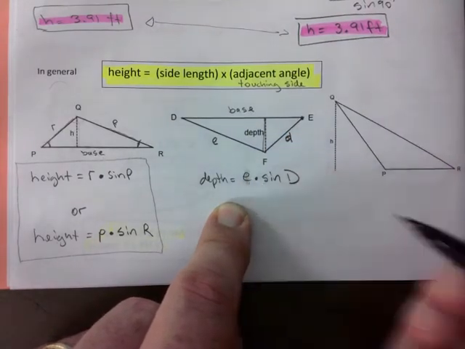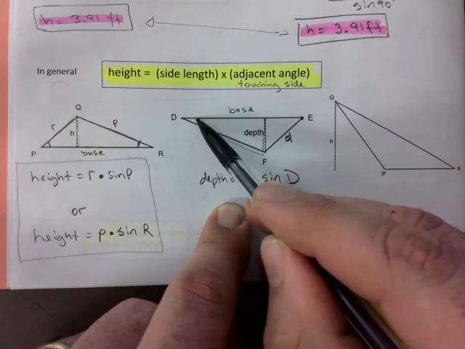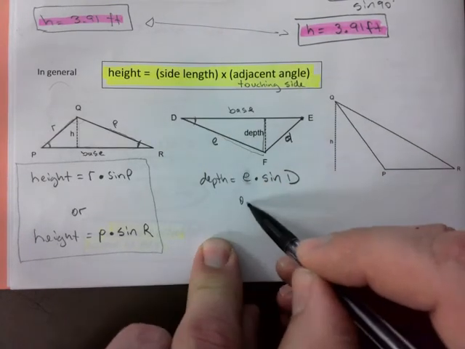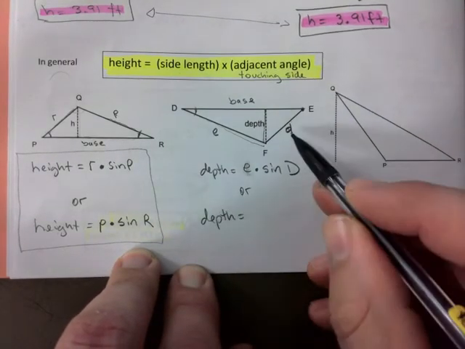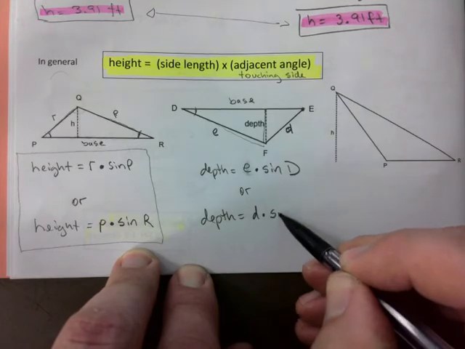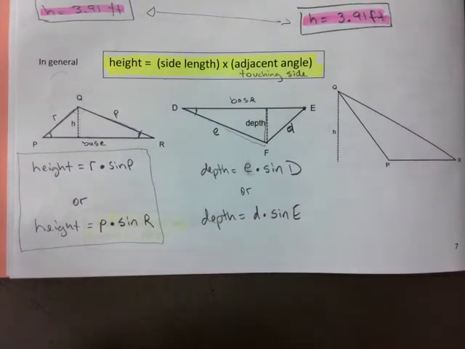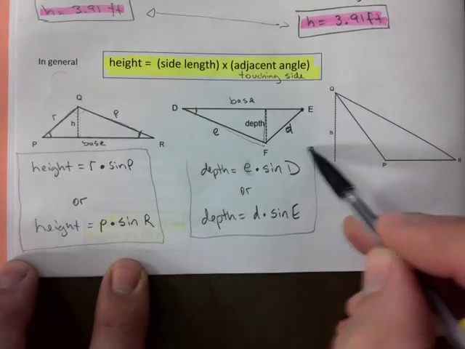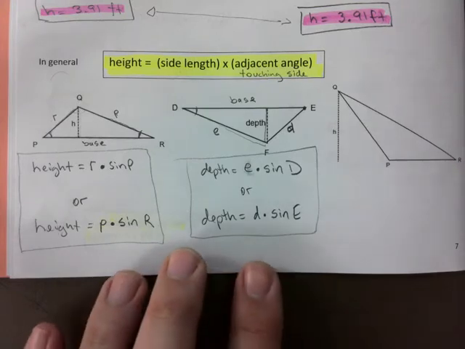So I will change that there. So E, this side, times sine of D, that angle. Or depth is D times sine of E. Alternatively, you can do what I just did up there, which takes more time, in my opinion.